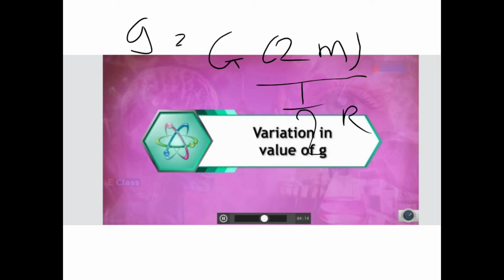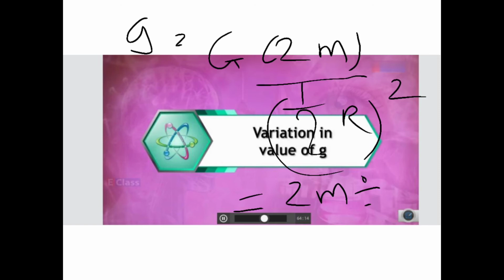So half of R the whole square. Correct? So solve it further, children. So 2M divided by, see here GM is there, G is 2M, and here, come on, divided by 1 upon 4 R square. Correct?